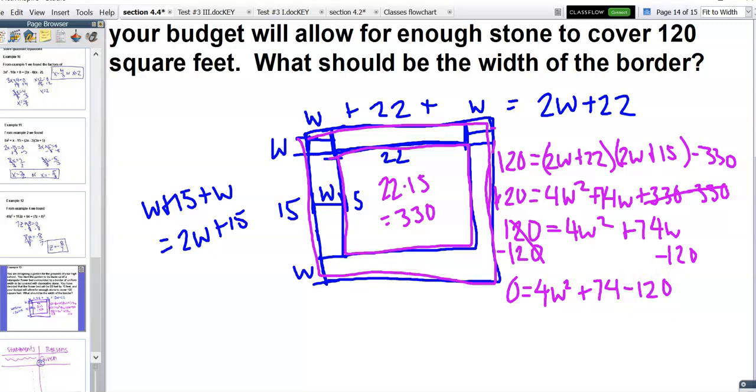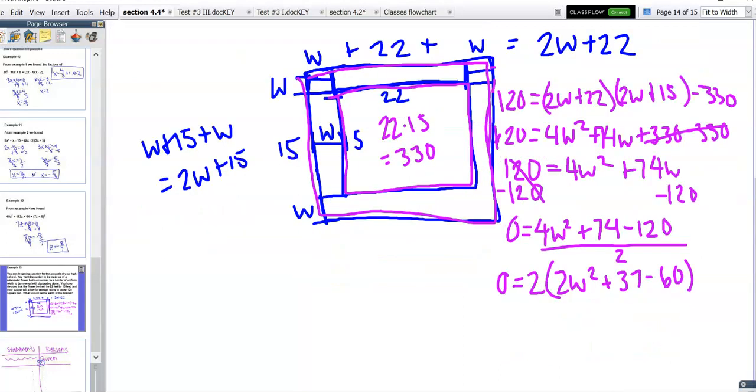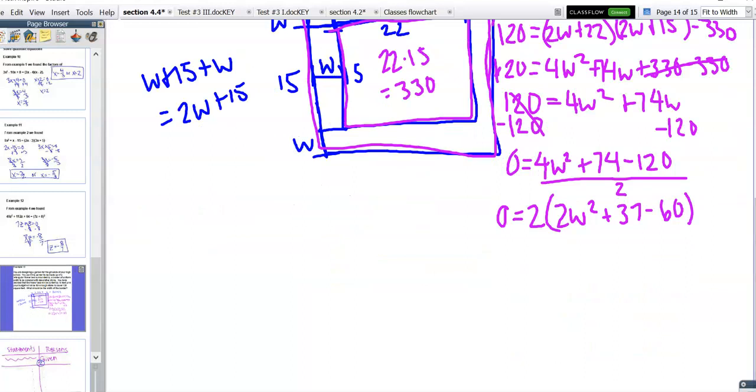And now this just becomes a regular old factoring question. All of these are even numbers, so I would factor out a 2 so you have smaller numbers to work with. You can divide the left and the right side by 2 so that the 2 goes away.